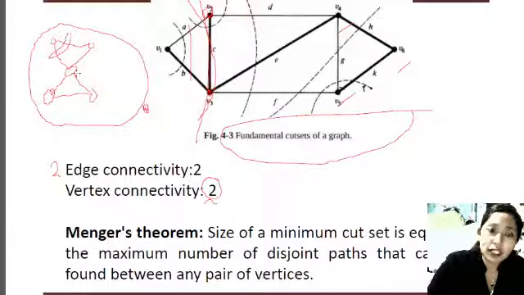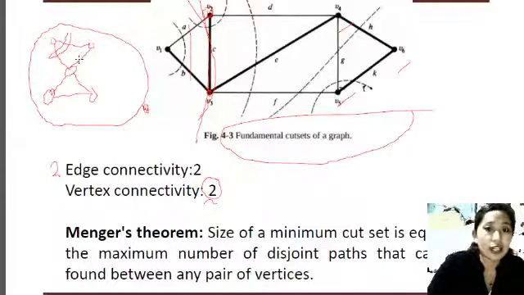Now what is the vertex connectivity of this graph? You can see that if you remove the 4 outer vertices, the resultant graph will still be connected, so that cannot be called the vertex connectivity. But if you remove this middle vertex, then this graph will be disconnected. So for this graph, its vertex connectivity is equal to 1.